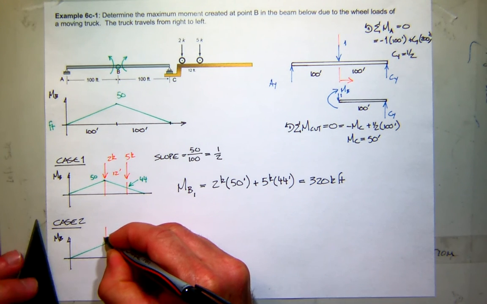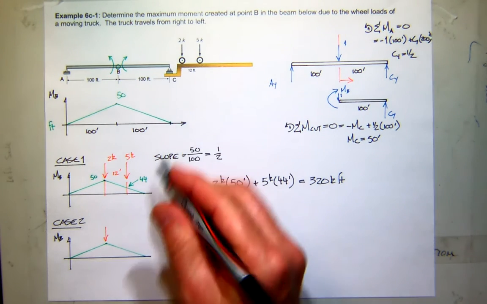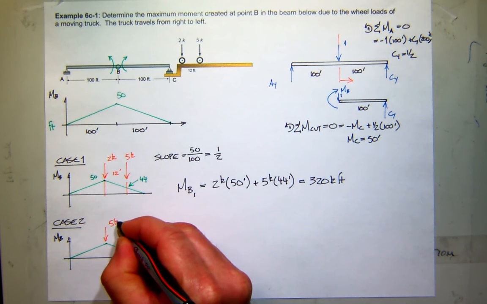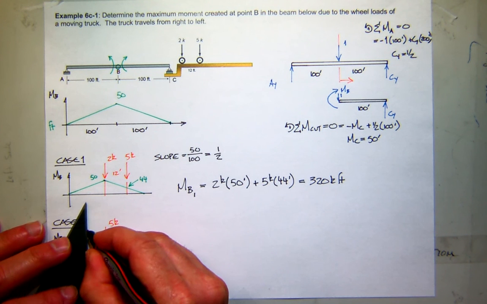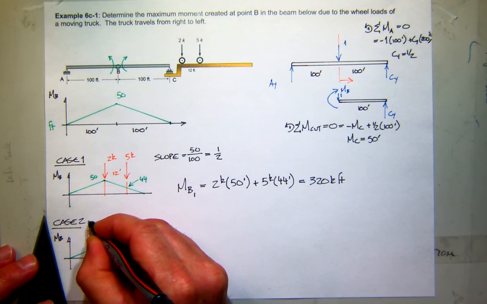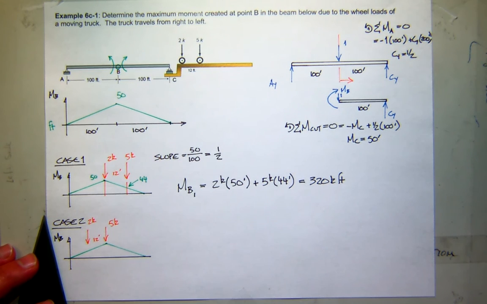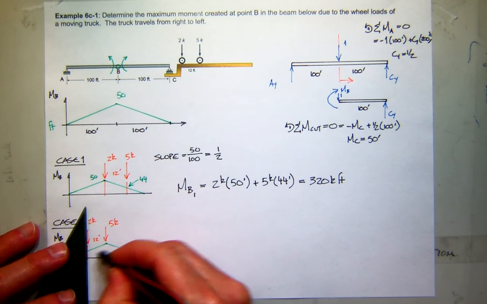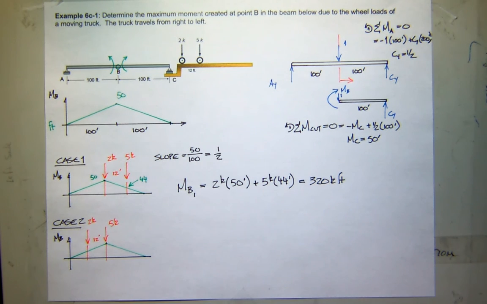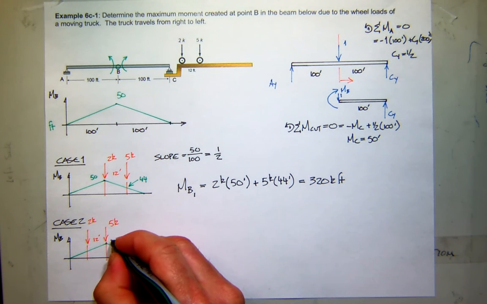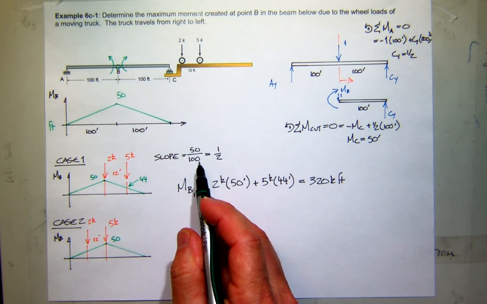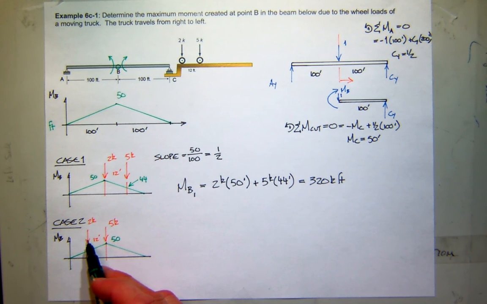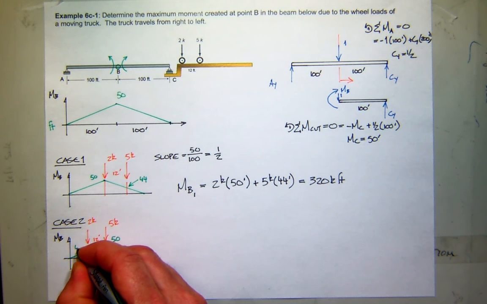So now the second force, my back wheel force at 5 kips, is at the maximum value. And 12 feet to the left, my front force has moved away. So now I need to know these values. Well, I already know the max value. It's 50. The slope on this side is the same. So again, move 12 feet, I drop 6. So this is also 44.